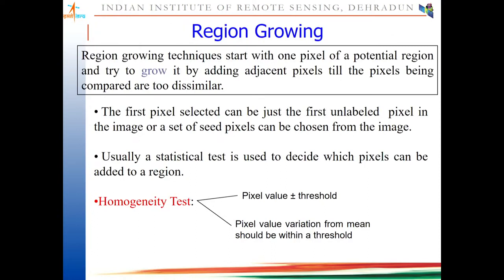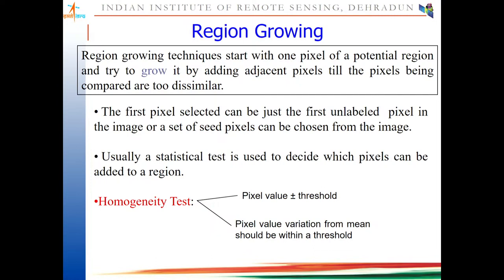Now, the next method is based on region growing. Region growing techniques start with one pixel of a potential region, and the algorithm tries to grow it by adding adjacent pixels. This is done until the pixels being compared are too dissimilar, and then the growing stops. The first pixel selected can be just the first unlabeled pixel in the image, or a set of seed pixels can be chosen from the image.